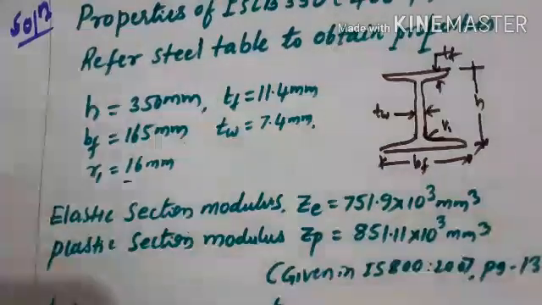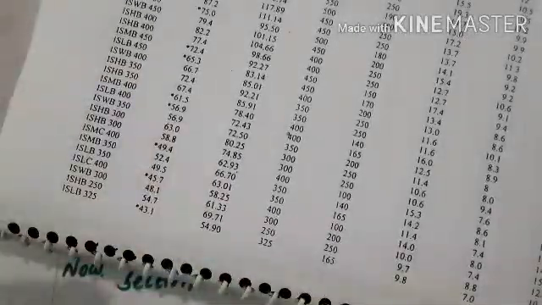For ISLB 350, here is given ISLB, refer ISLB here, this one ISLB 350. For ISLB 350, the various properties are given here, you can refer to this one.